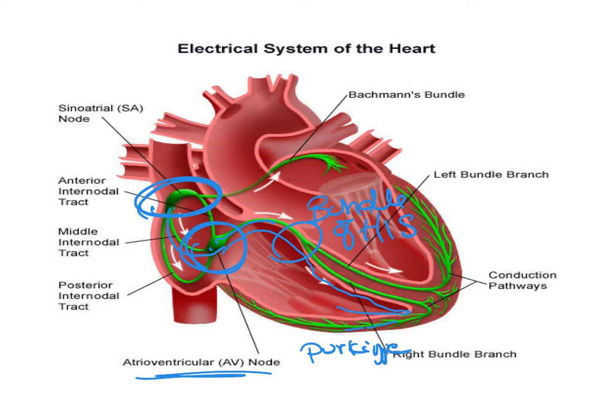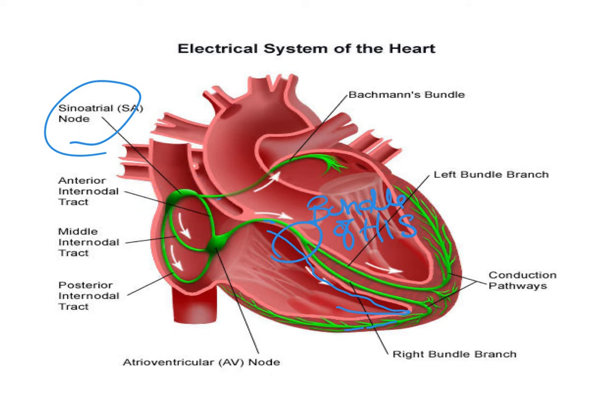Okay. Now, these Purkinje fibers are again specialized cells, and they send that little electrical impulse all the way through. See how these Purkinje fibers are located all through here? It's to send that electrical impulse through all the muscles.